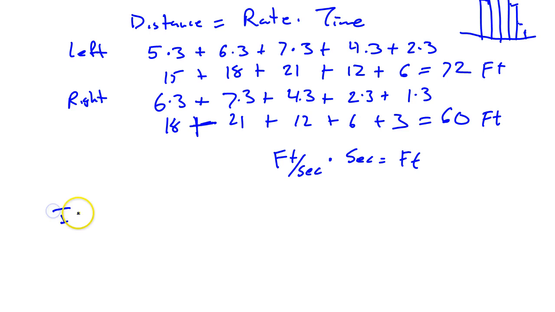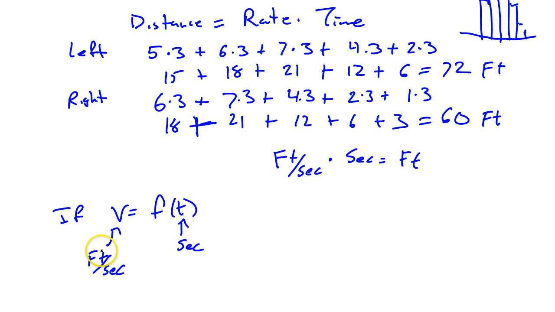Right? If I have that the velocity is some function of time, so let's say time is measured in seconds and the velocity is being given in feet per second, and maybe this is meters per second, or maybe this is hours going in and this is miles per hour going out, or kilometers per hour, or whatever. Time is going in, speed is coming out, velocity is coming out.